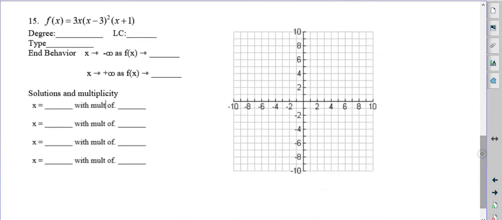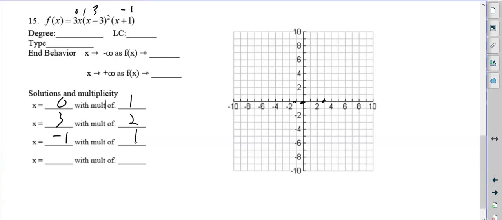Okay, number 15. So right off the bat, if we look at this, this is going to be a 0. This is going to be a 3 and a -1. So 0, 3, and -1. The 0 is going to have a multiplicity of 1. The 3 is going to have a multiplicity of 2, which is going to be a bounce, and the -1 is going to have a multiplicity of 1.